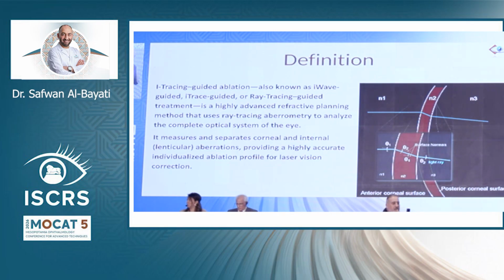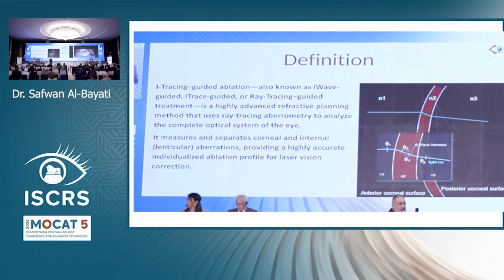And that's why there is a controversy between those using topo-guided or corneal wavefront, depending on the anterior corneal power or anterior corneal analysis, compared to those using ocular wavefront, which is total cornea, and they have the ability to subtract the anterior from the posterior, so they calculate the posterior mathematically and then reach the total corneal power.